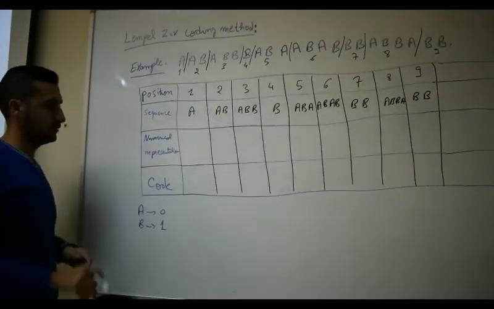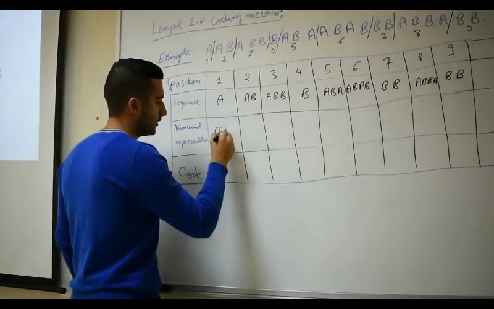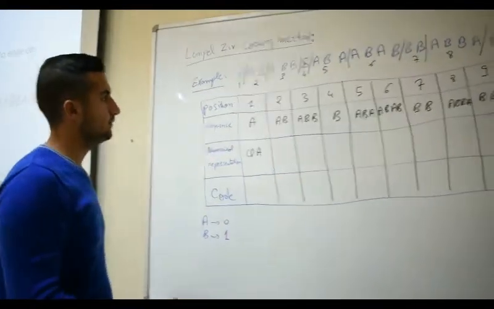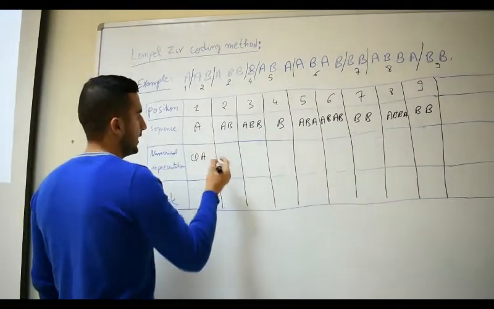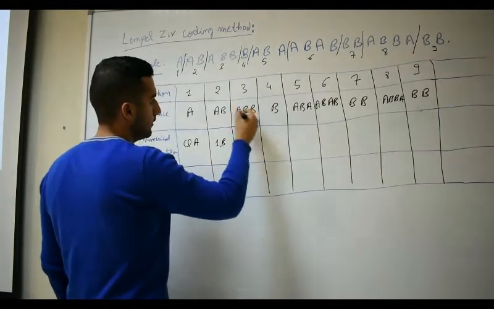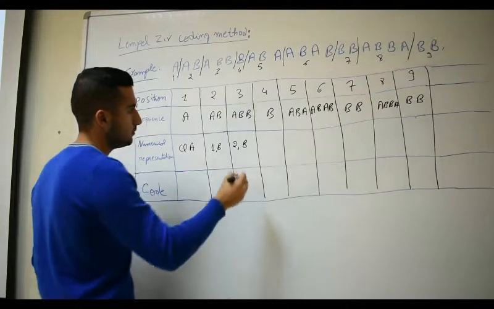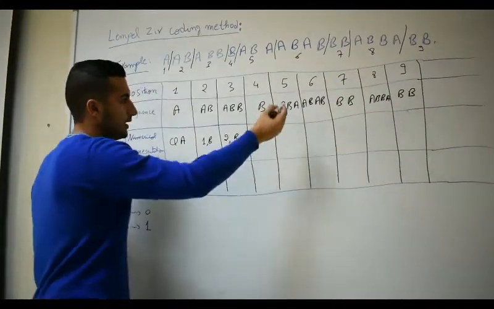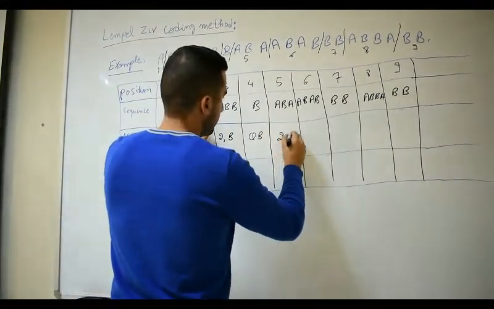Numerical representation. We first start with putting phi A, as A is a reference to compute the Lempel-Ziv algorithm, and B is the second reference. AB is 1B. ABB is 2B. B is phi B. ABA is 2A.